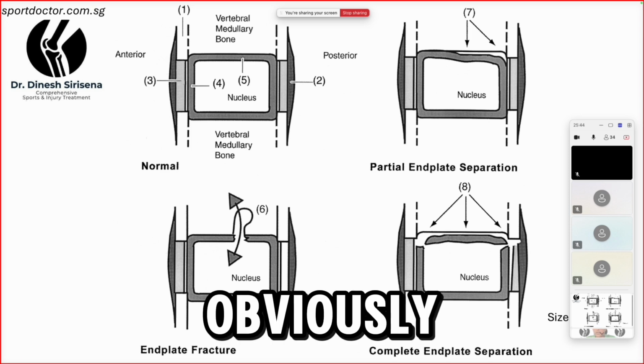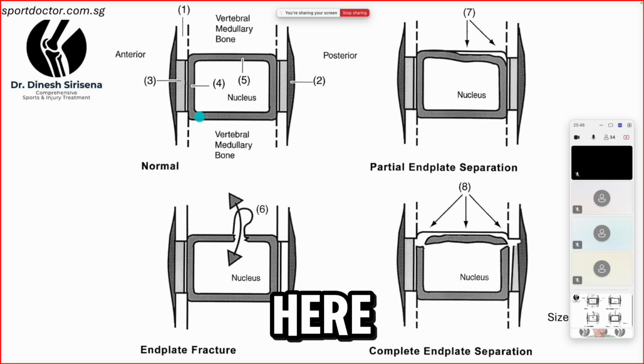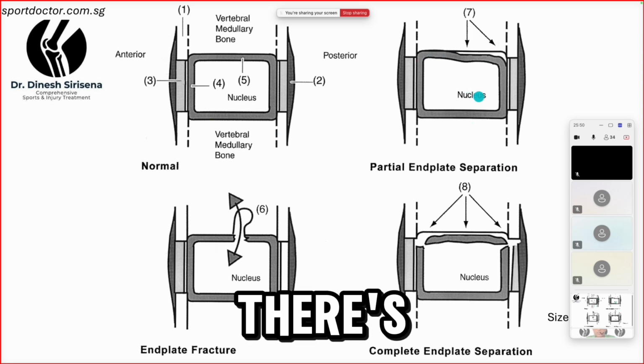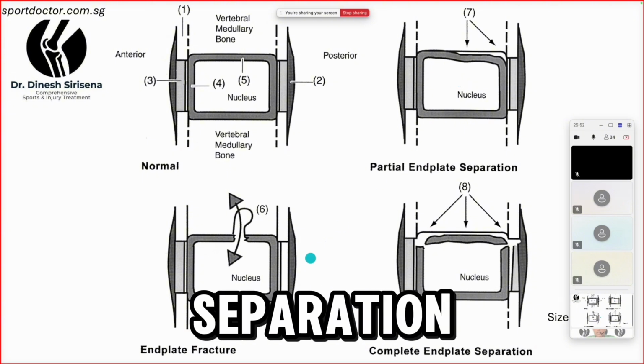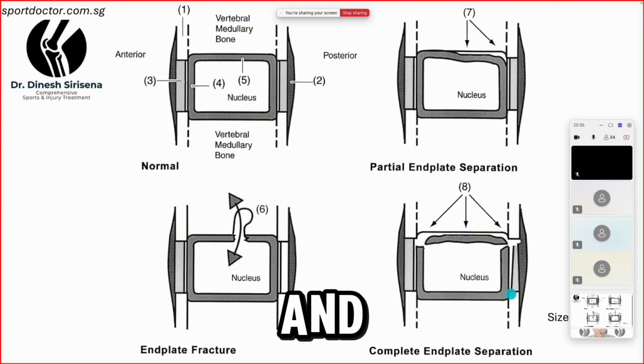So obviously we have the normal disc here. We have areas after injury where there's areas of end plate separation. We can have end plate fracture and then complete separation as well. And these can all lead to symptoms of non-specific low back pain as well.